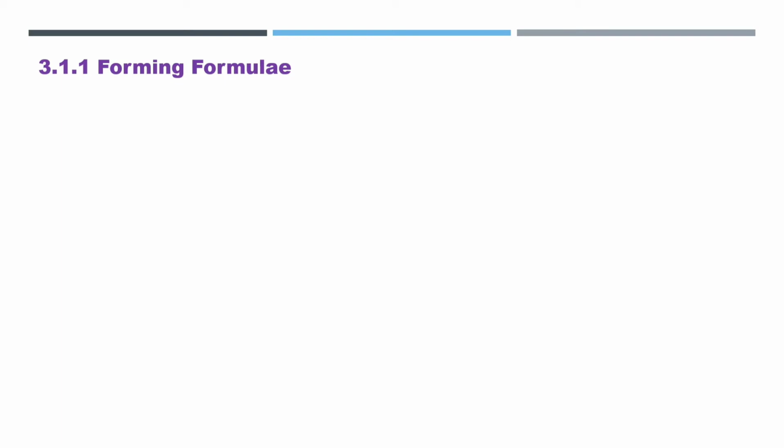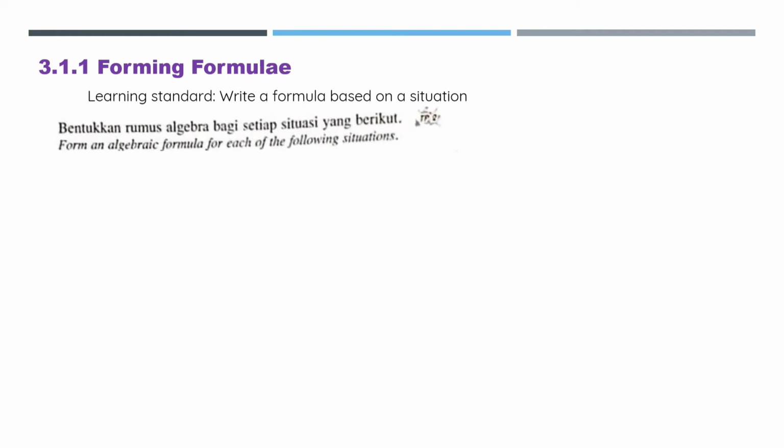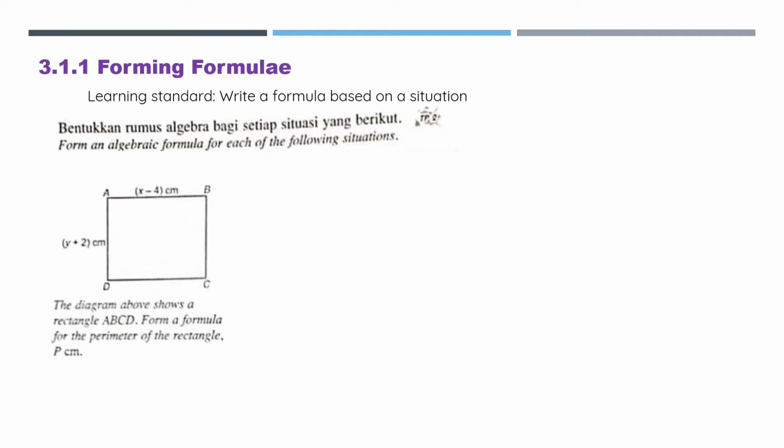3.1.1 Forming formula. The learning standard that you are going to achieve here is to write a formula based on a situation. Form an algebraic formula for each of the following situations. Look at this rectangle.